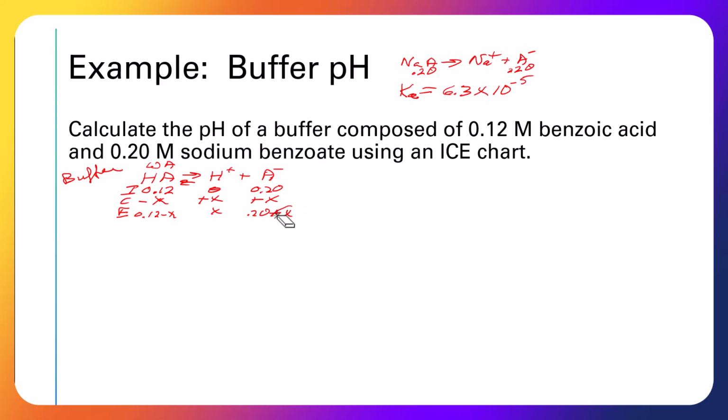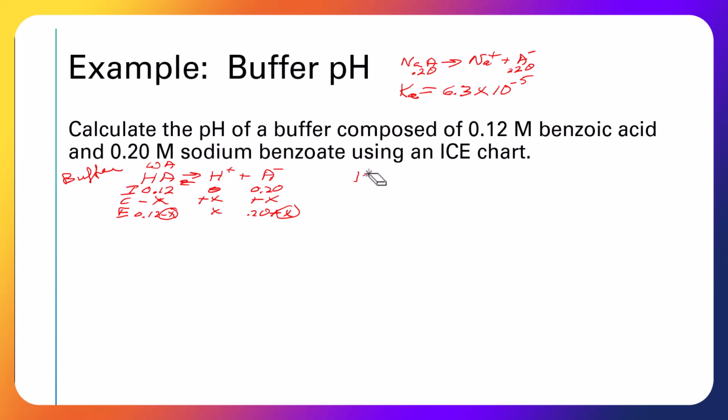Now, this x and this x will be small enough to ignore. We've got 4 orders of magnitude difference between the Ka and the initial concentrations of the acid and the base. The Ka is 10,000 times smaller than the initial concentrations. This x is going to be insignificant. So we'll go ahead and ignore those x's.